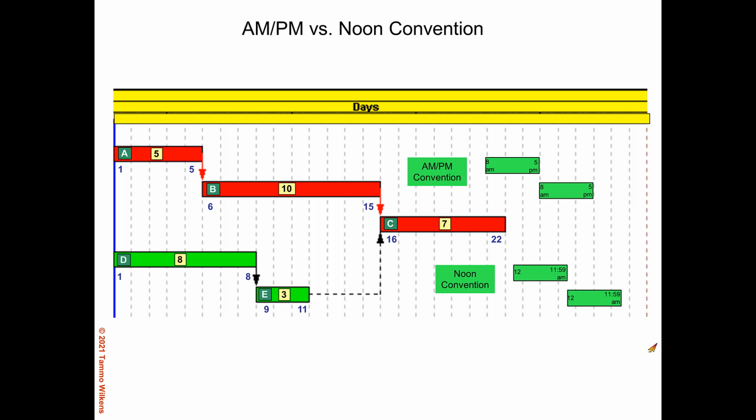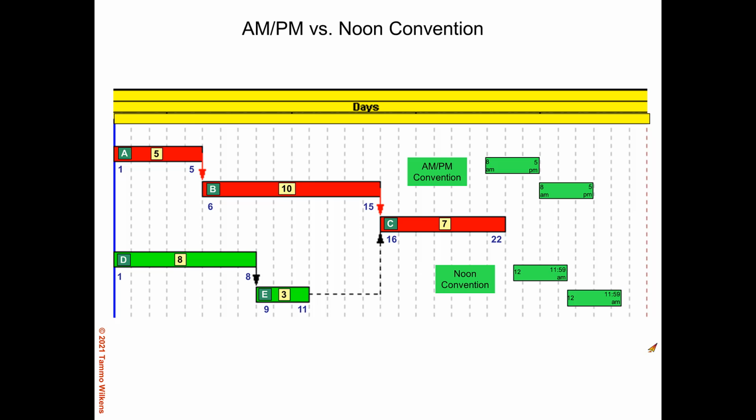So for activity B, if the start date is day 6, the finish date is calculated as the start date plus the duration minus 1. So for activity B, we have 6 plus 10 is 16, and minus 1 is 15. And that's because the working days are inclusive of those days.